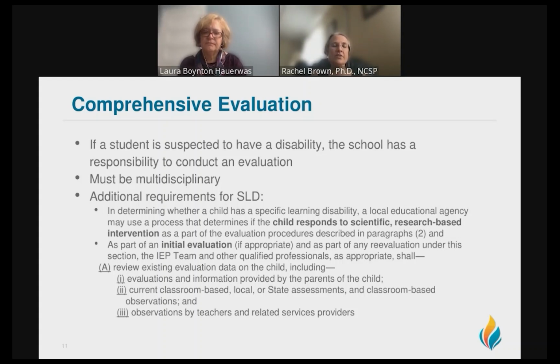And one of these is that a type of data that can be used in considering whether or not a student indeed has a specific learning disability are data indicating how a child responds to scientific research-based intervention. And so we'll come back and share information about what that would look like in the case of conducting assessments of students suspected of dyslexia.